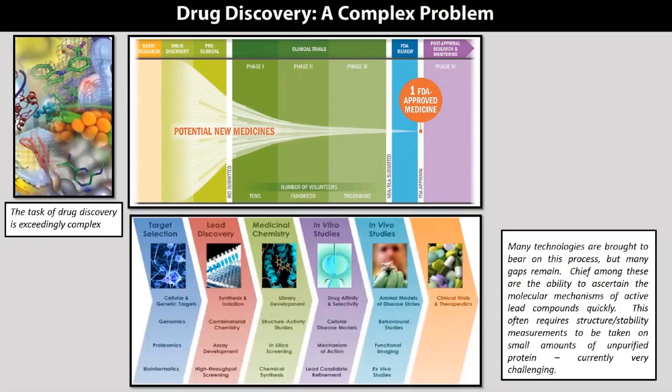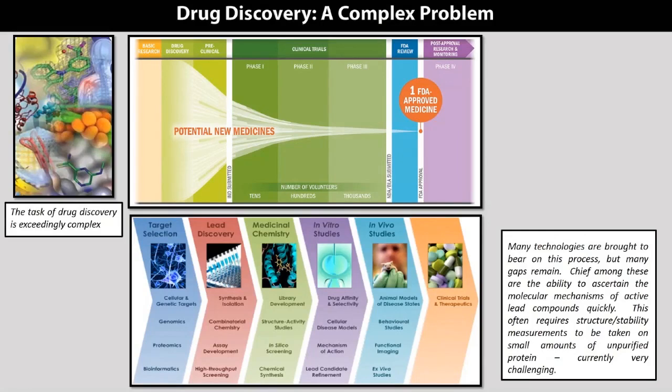There's lots of reasons for this, but when one begins to look at this pipeline from the point of view of a measurement scientist, you begin to see that there are an array of different technologies positioned along this pipeline so that we can get the best information possible in order to fail drugs more quickly and move drugs through the pipeline in the most cost-effective and time-effective way possible.